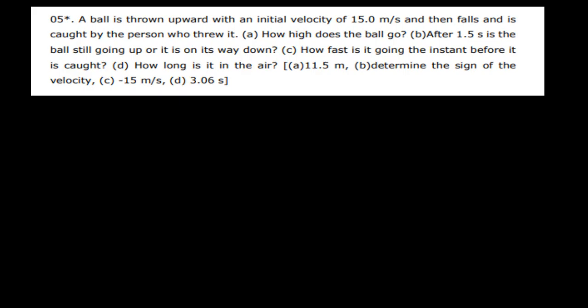So the velocity just before it is caught will be the same velocity, but in the opposite direction. You remember the velocity that they've given you, it has been thrown at 15 meters per second. So it is going up. The same velocity that it has been thrown with, it will come back with, which is 15 meters per second.